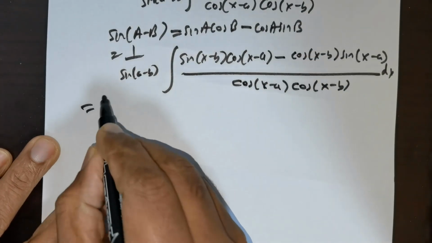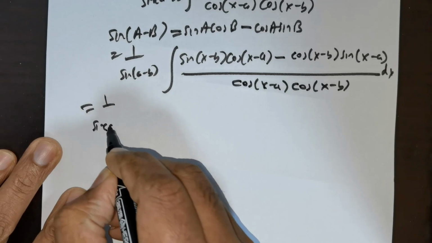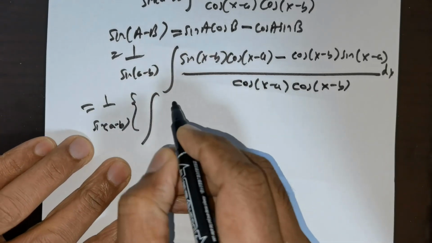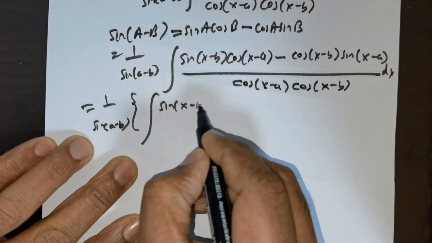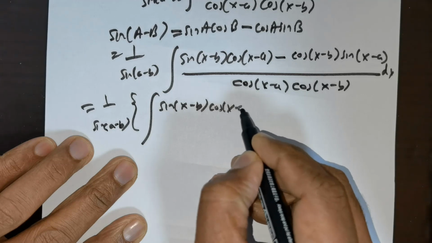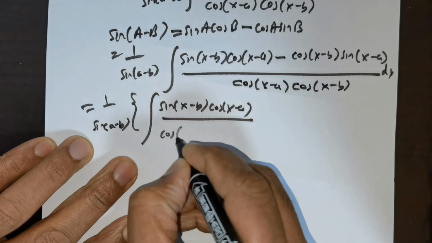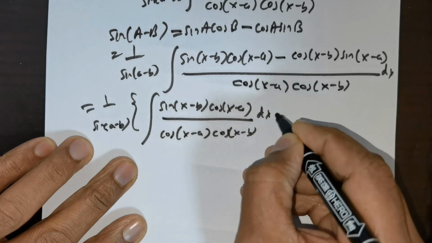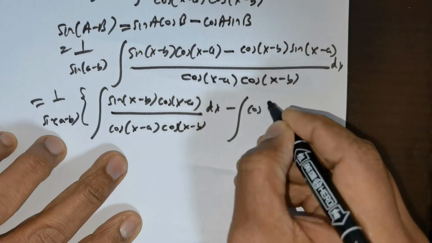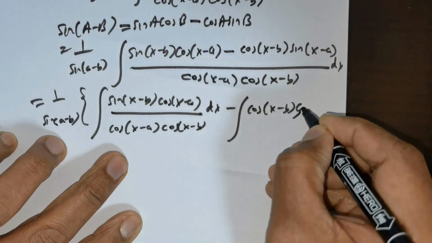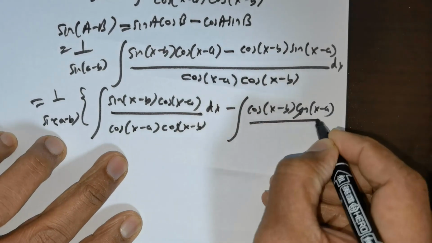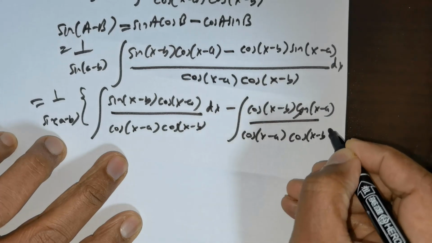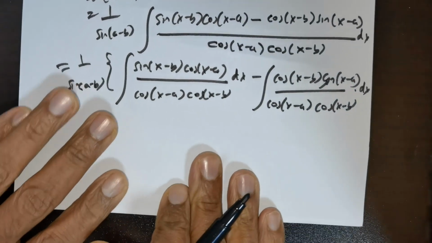Now I will split and rewrite this as 1 over sine of (a − b), the integral of sine(x − b) cos(x − a) over cos(x − a) cos(x − b) dx, minus cos(x − b) sine(x − a) over cos(x − a) cos(x − b) dx.